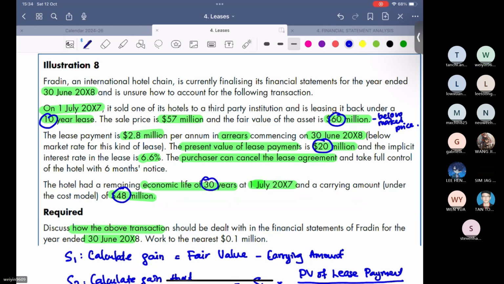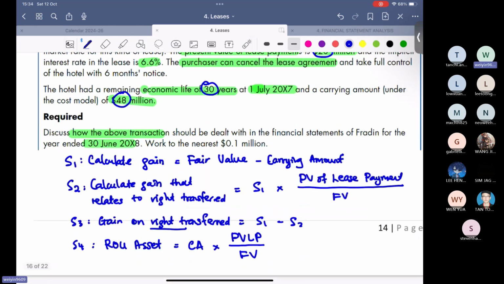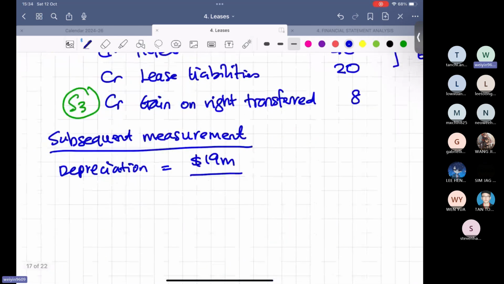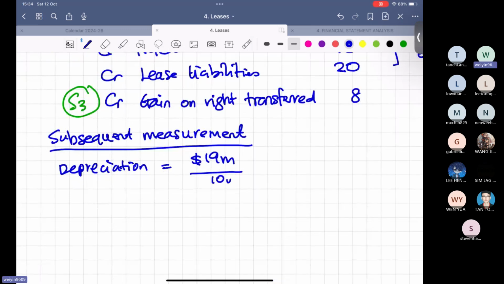Which one? 30 years or 10 years? 10 years, because shorter, right? So always remember the word. So divide by 10 years. Therefore, my depreciation will be 1.9 million.